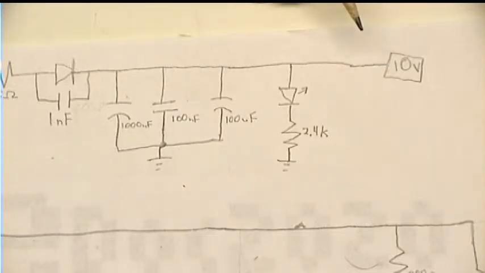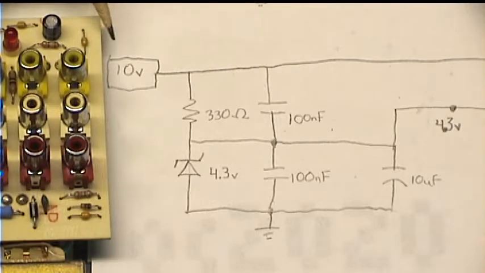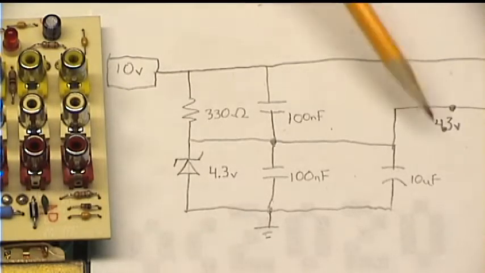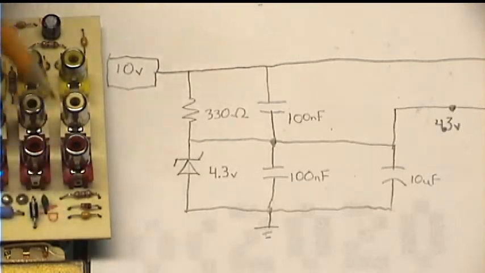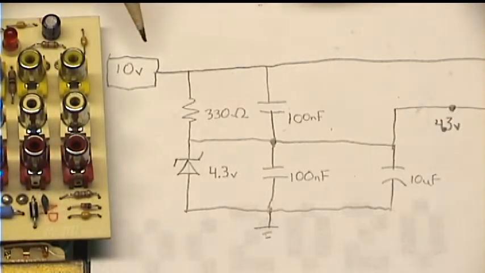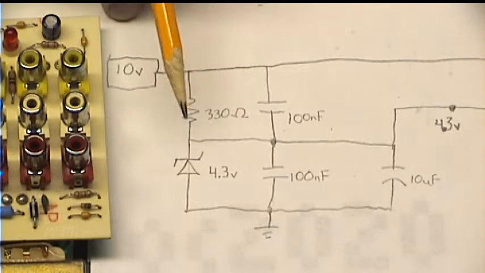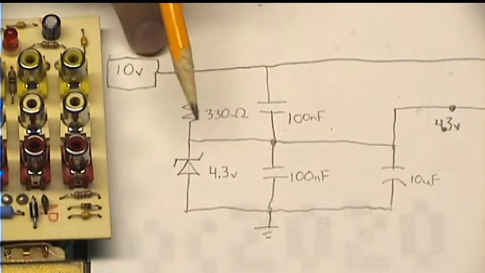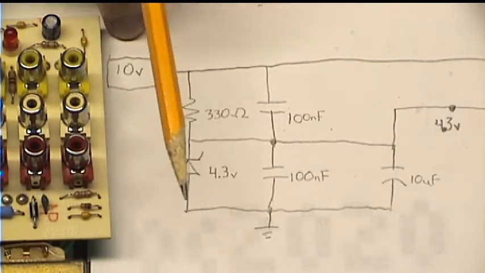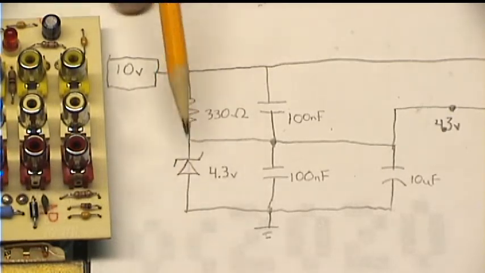Now let's look and see what that feeds. The 10 volt supply feeds this circuitry here, which is these components. So we have 10 volts going into a 330 ohm current limiting resistor, which leads to a 4.3 volt Zener diode.